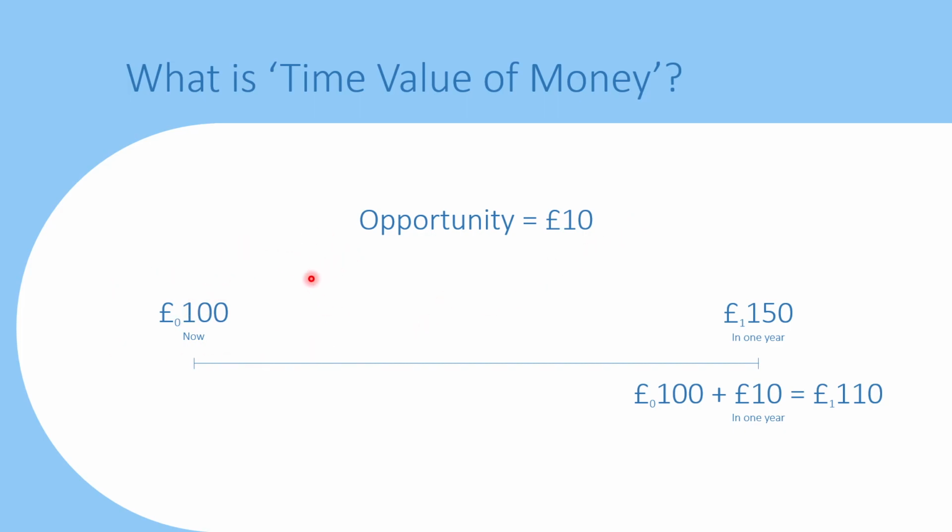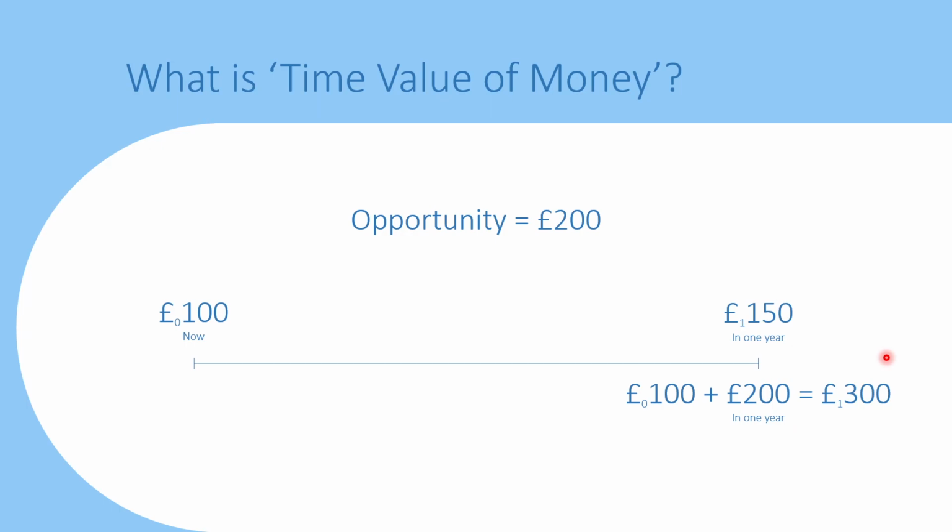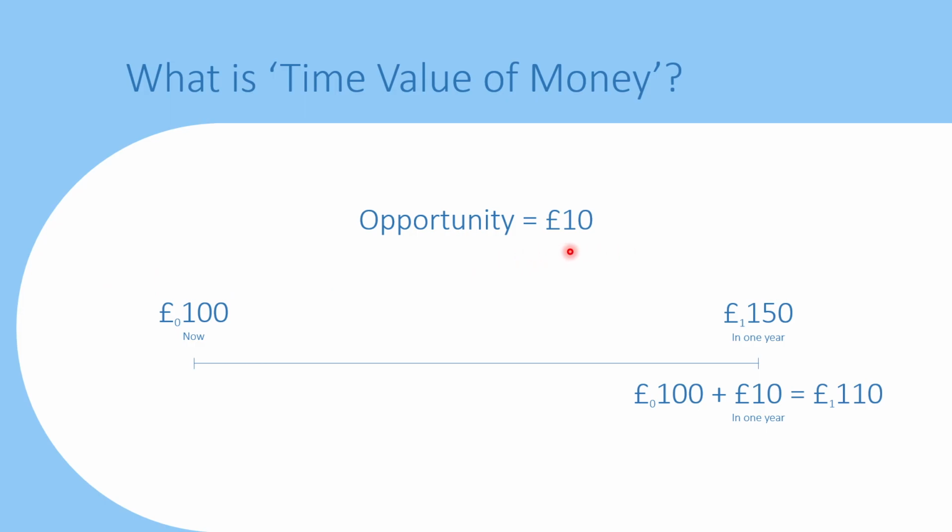So in that case, you would choose to take the £100 because you can make £200 out of it and end up with 300, whereas I would choose the 150 because I know that if I went for the 100, I would only get 10 more in terms of opportunity, and so I'd actually end up worse off than picking out the 150 in 1 year's time.